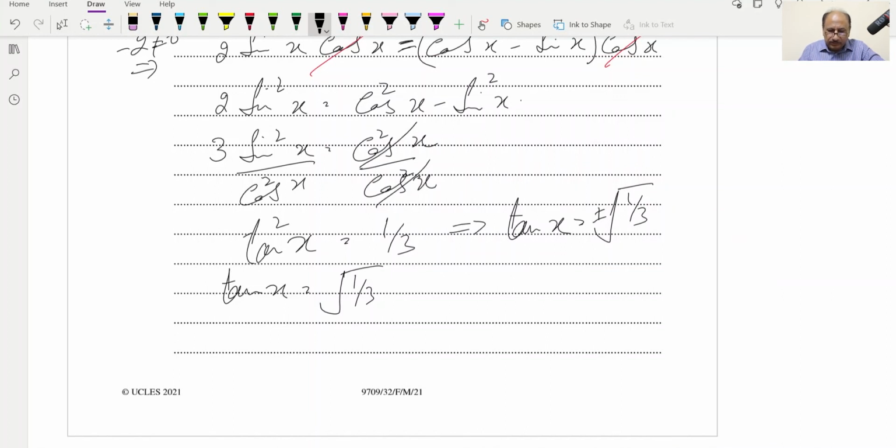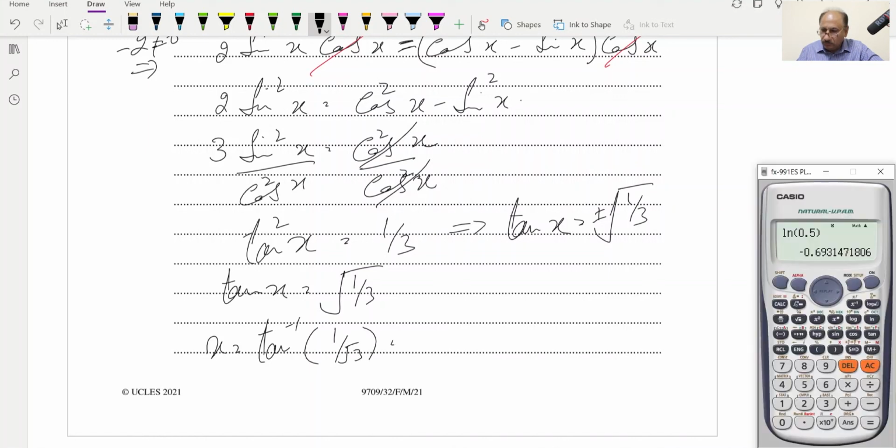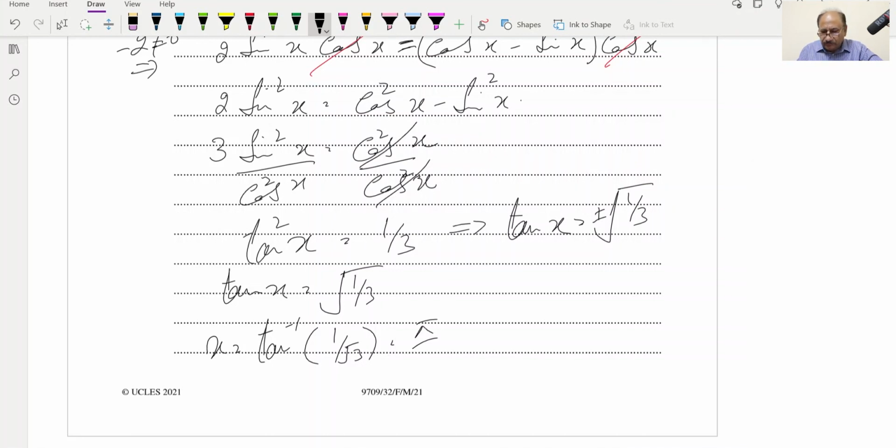We can take tan inverse, so x will be equal to tan inverse of 1 over under root 3, and this will be equal to 30 degrees or pi by 6 radians we can write, and this will be the answer.